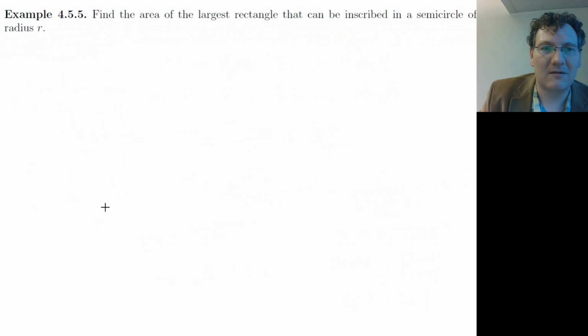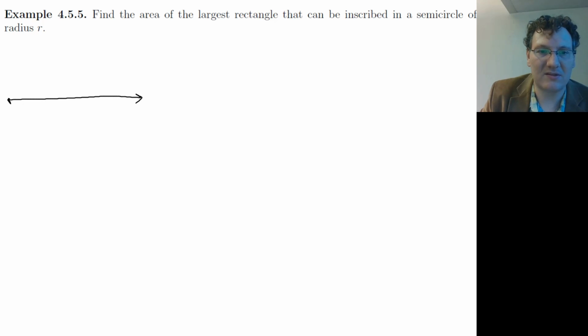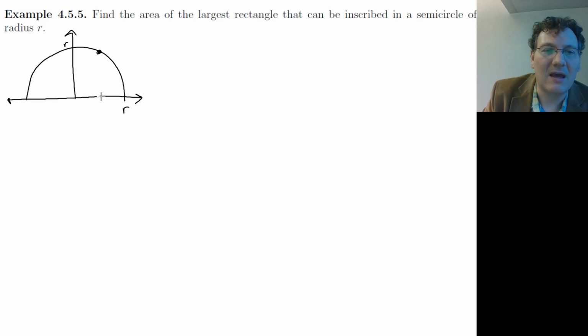All right, now let's find the area of the largest rectangle that can be inscribed inside a semicircle of radius r. Well, we'll just draw this semicircle of radius r. Inscribing a rectangle means you take some point along this and make a rectangle that fits it.